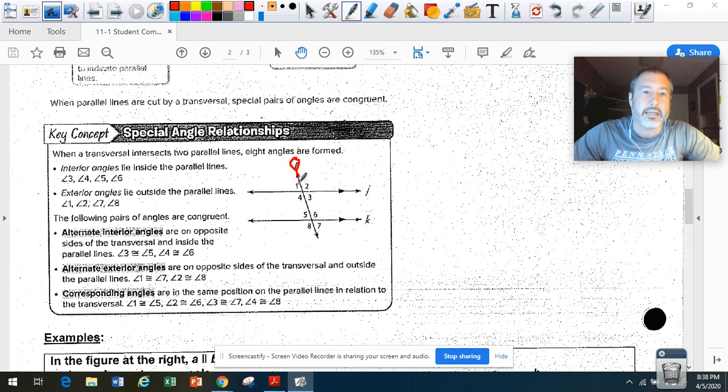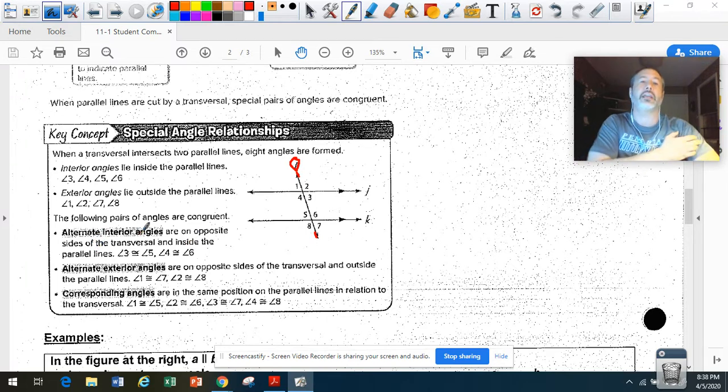This line that goes all the way through these parallel lines is our transversal. Alternate interior angles are on opposite sides of the transversal. You cannot have them on the same side as the transversal. They have to be on opposite sides of the transversal and inside the parallel lines.